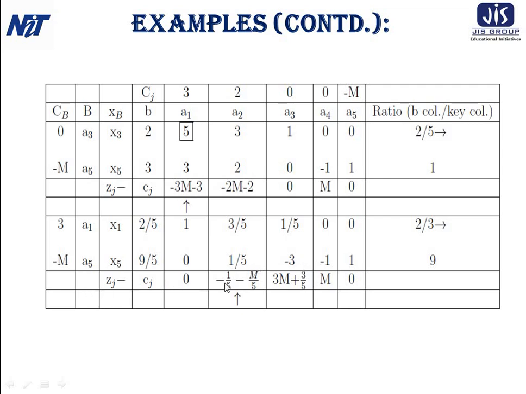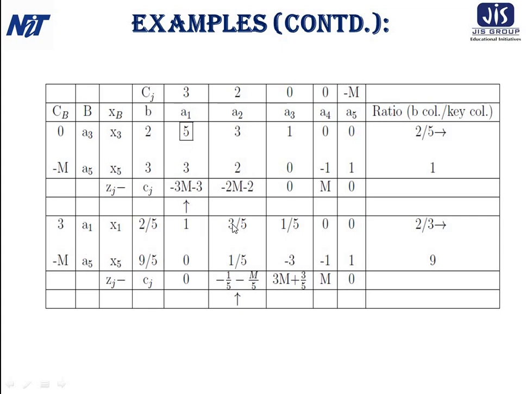Now again we are finding Zj minus Cj. What is Zj minus Cj? 3 into 1, 3, minus m into 0, 0. 3 plus 0, 3, 3 minus 3, 0.